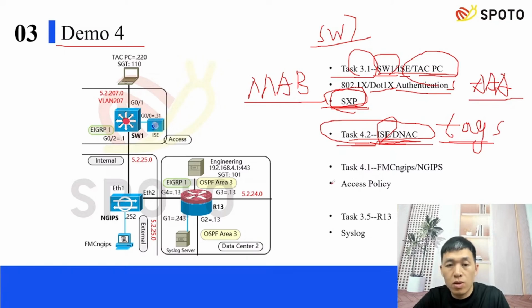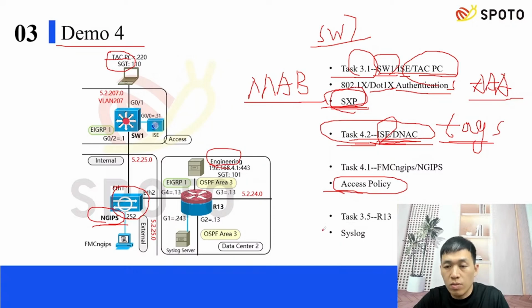And you can see finally TAC PC needs to access engineering server, and the traffic goes through next generation IPS. So we will need to allow the traffic by configuring access policy on this device.